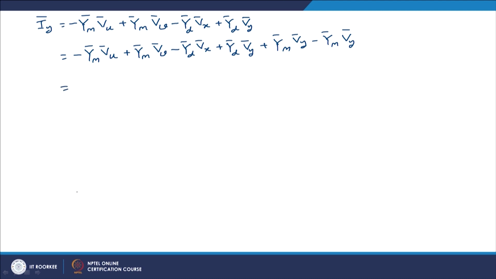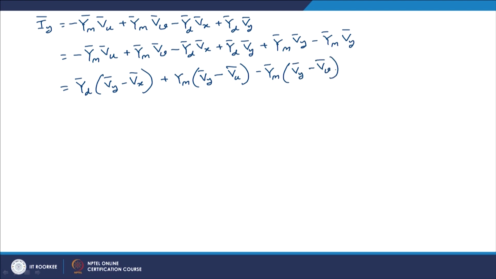So we take these two terms, Yd into Vy minus Vx, plus Ym into Vy minus Vu, and minus Ym, for this we have taken this term and this term, and the last Vy minus Vv, this term and this term.